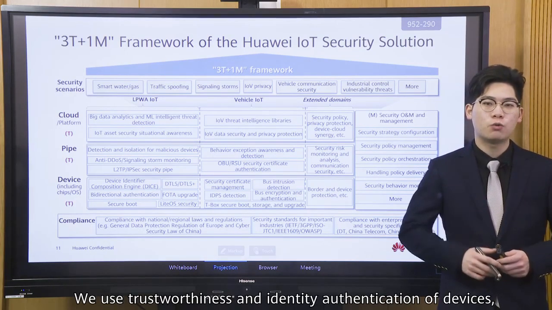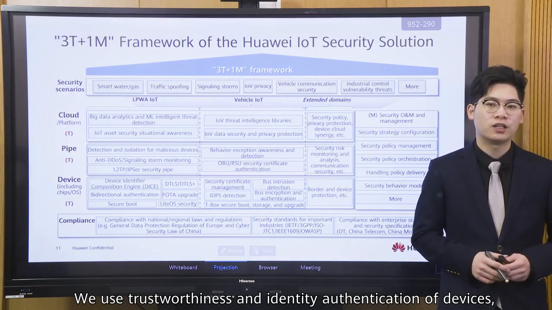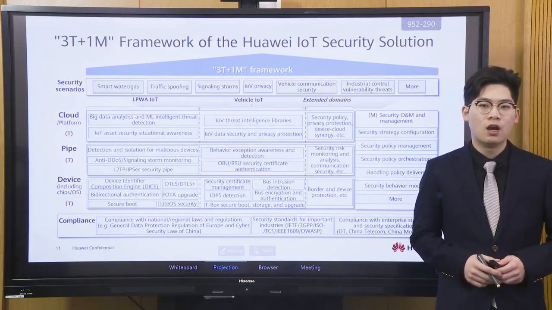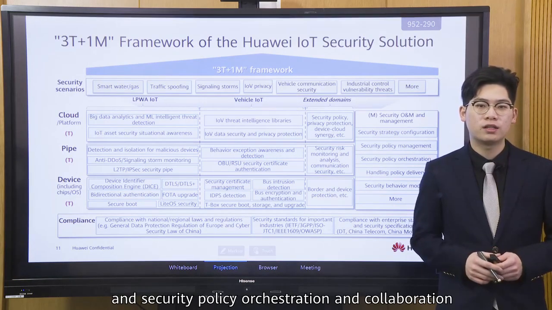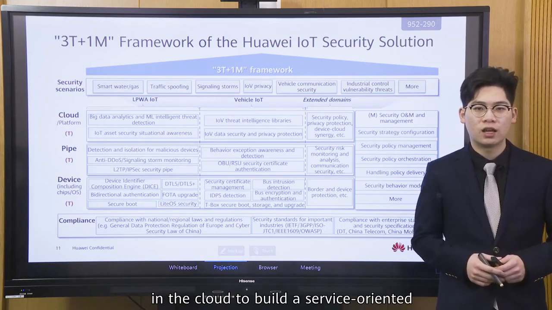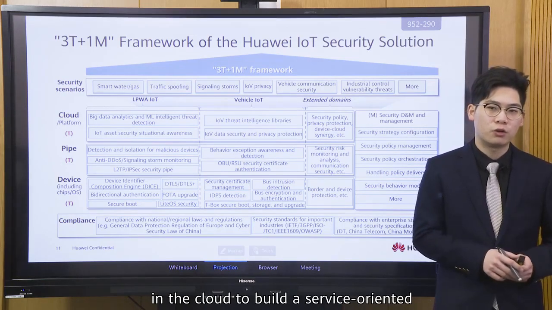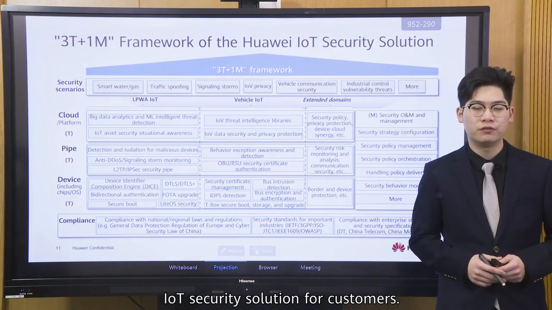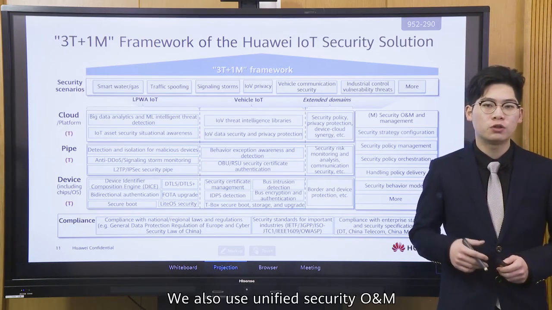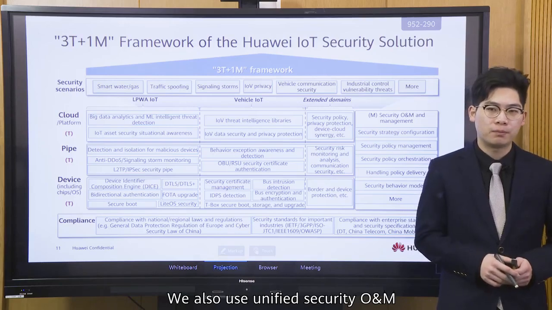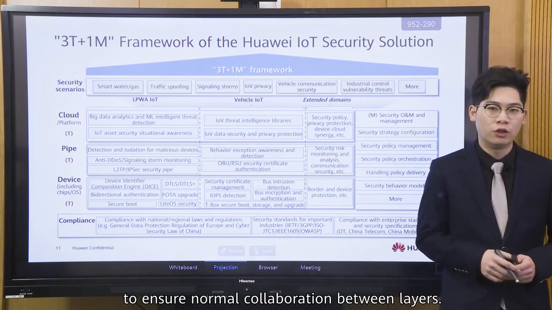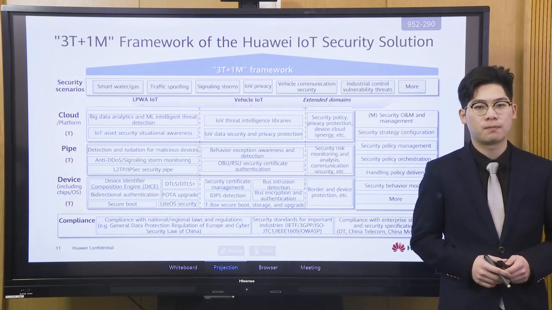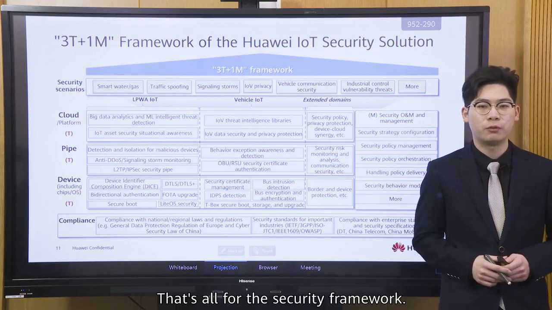We use trustworthiness and identity authentication of devices, pipe monitoring awareness, and security policy orchestration and collaboration in the cloud to build a service-oriented IoT security solution for customers. We also use unified security O&M and management across all layers to ensure normal collaboration between layers. That's all for the security framework.